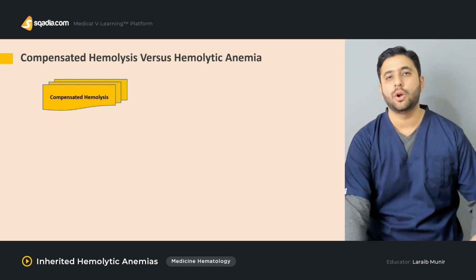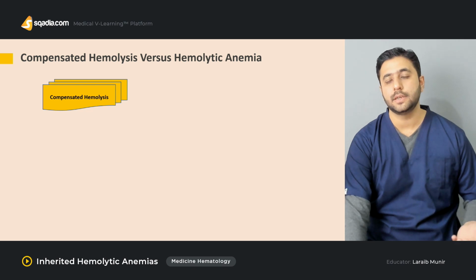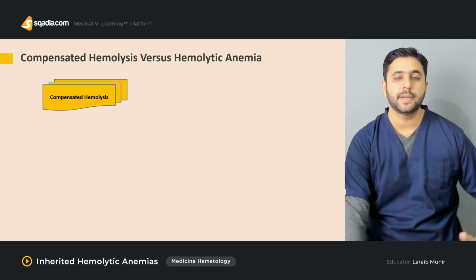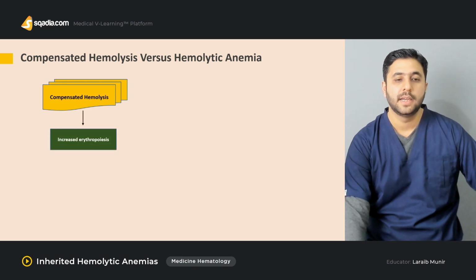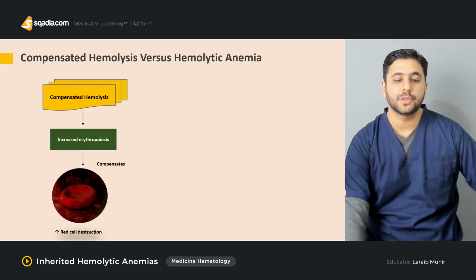This happens a lot of times in which the patient doesn't even realize that they have some hemolysis going on. This is termed compensated hemolysis, in which the increased erythropoiesis compensates for the increased RBC destruction.